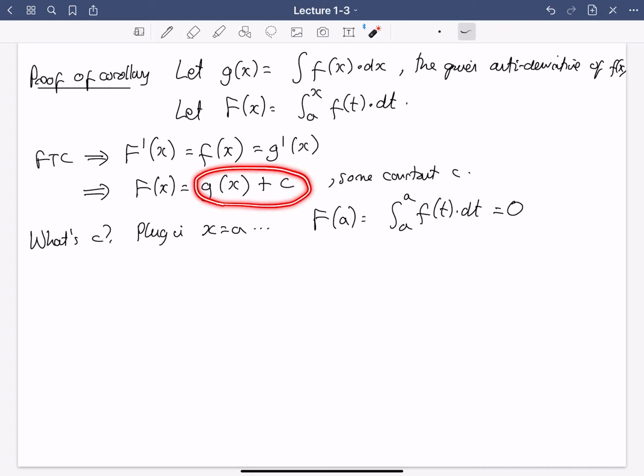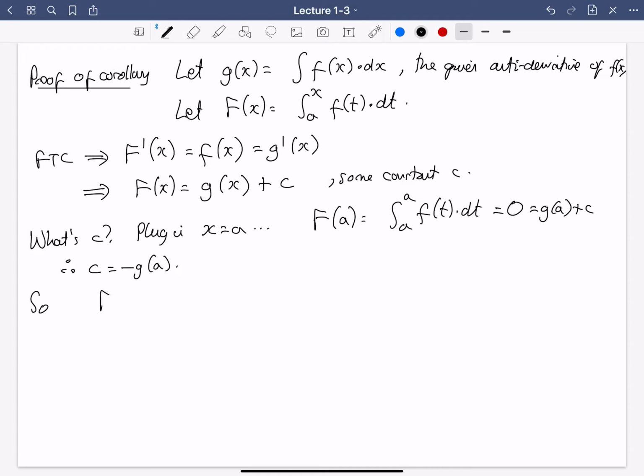The right-hand side is g of a plus c. Therefore c must be negative g of a. So now we've shown that F of x is g of x plus c, but c is negative g of a. Now all you have to do is plug in x equals b.